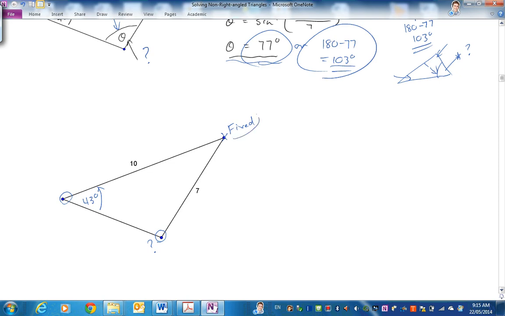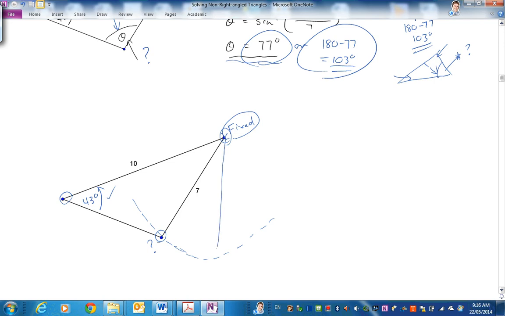We have this fixed point at the end of 10, swinging off at 43. Now how many lines, 7 centimetres long, can you draw? Let's throw an arc. Let's put the compass point there and draw a circle, 7 units long. Okay, a bit wonky, this circle. Something out there like that.